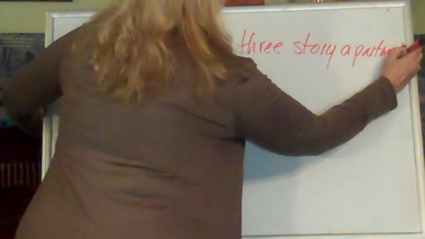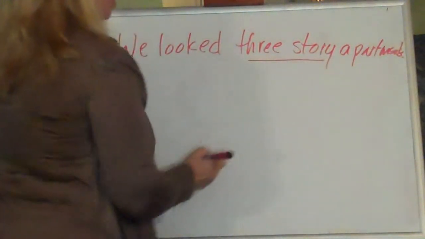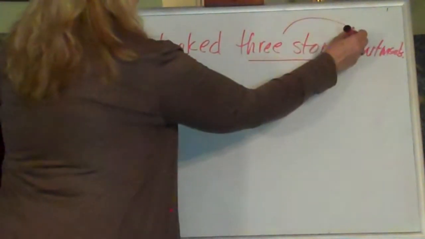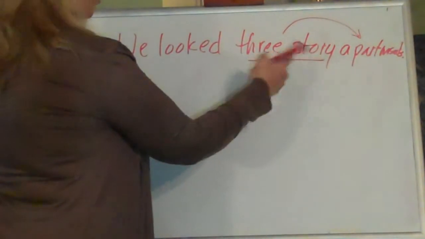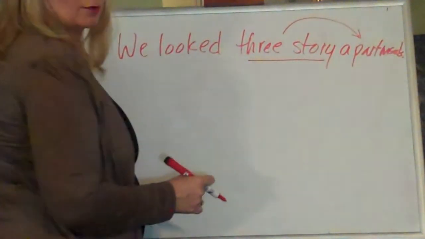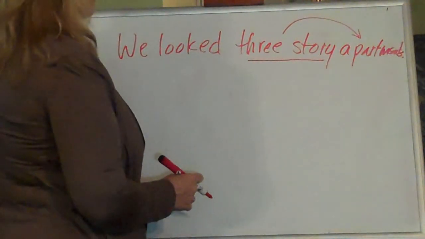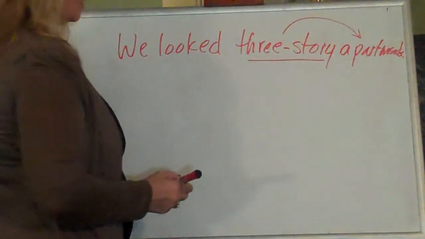I'm going to have to squeeze this in because I'm running out of room. So you notice here I've got two words that are used as an adjective for apartments, okay? Anytime I have two words or more that work together as an adjective to modify the noun that follows it, I have to hyphenate, okay?